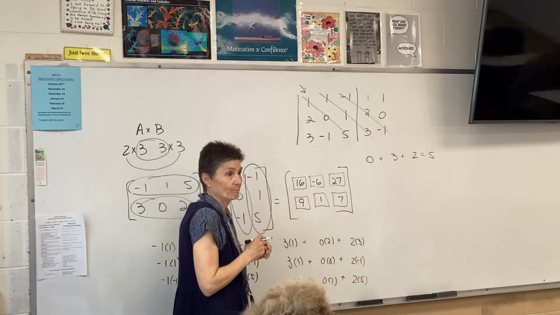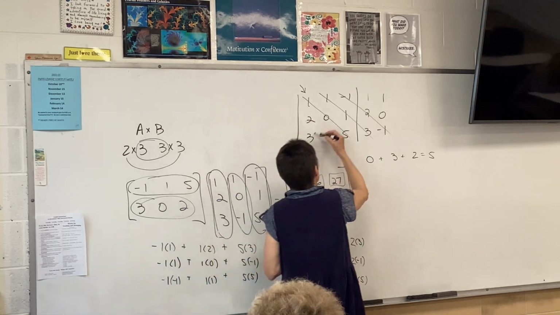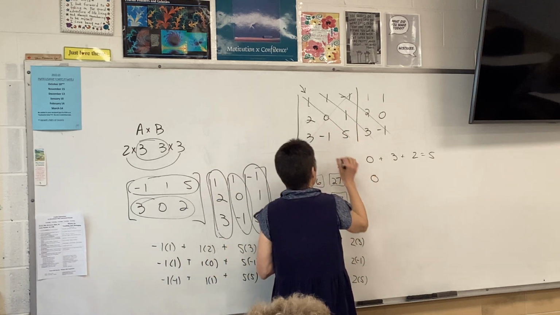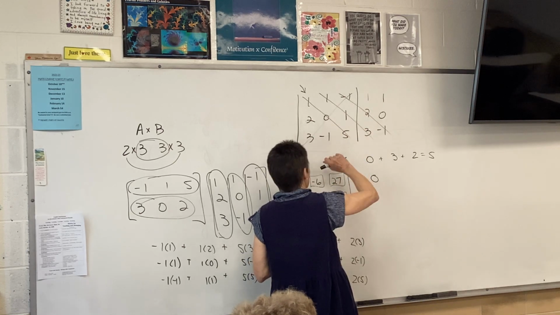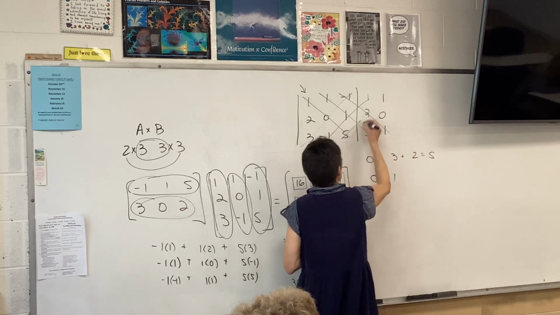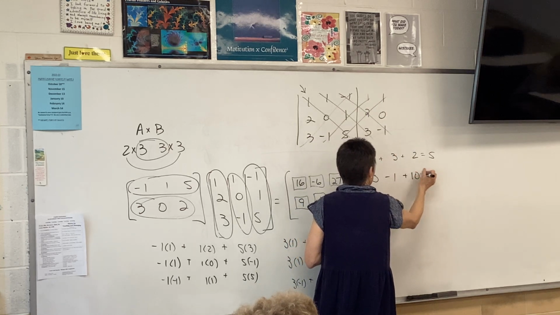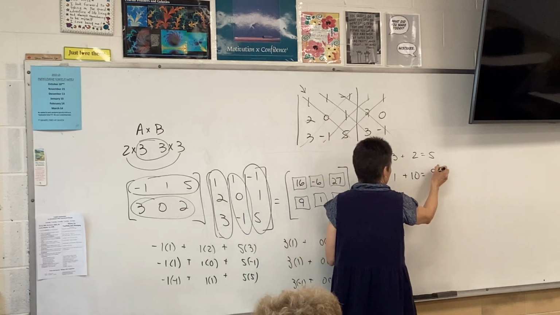Now what? Same thing the other way. So multiply 0. Remember, anytime you're multiplying by 0, you get 0. That's just a 0. This is going to be -1, and this is going to be 10. And you total those up and get 9.